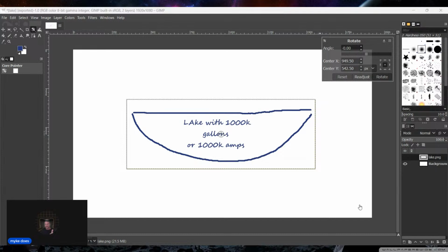All right, so I got another example here of a voltage current relationship.